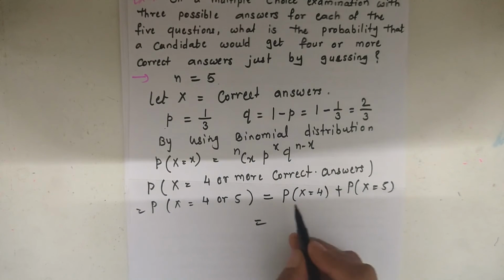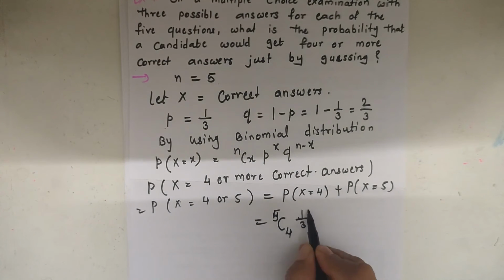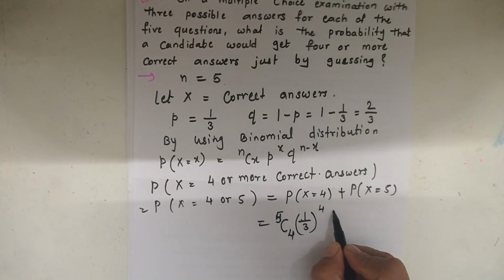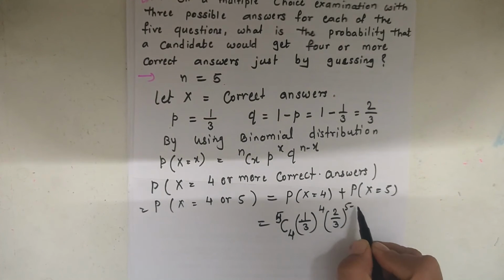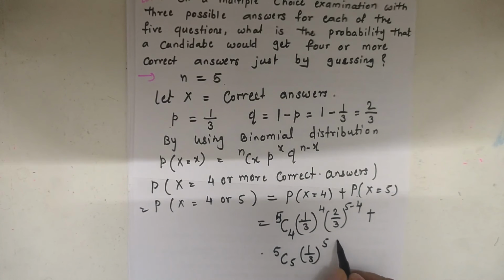So for x is equal to 4, here n is equal to 5, so it can be written as 5C4, p means 1 by 3 raised to 4, 2 by 3 raised to n minus x, that is 5 minus 4, plus for x is equal to 5, 5C5, 1 by 3 raised to 5 and 2 by 3 raised to 5 minus 5.